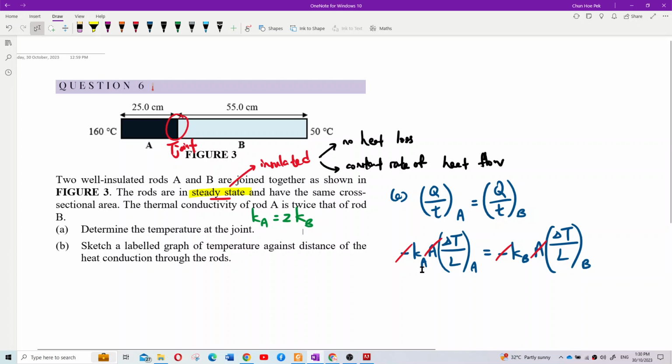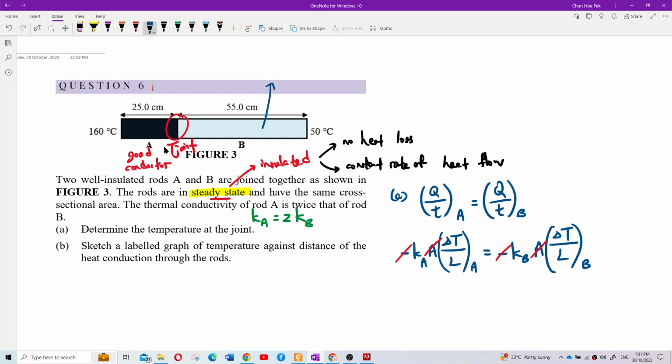So I can substitute. That means A is a good conductor of heat. B is what? A bad conductor.